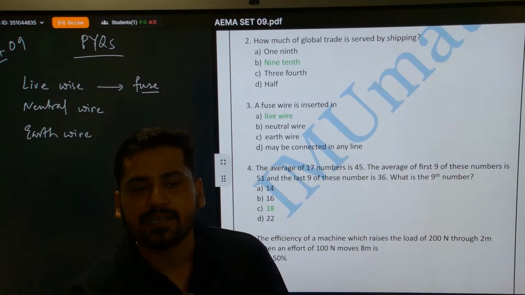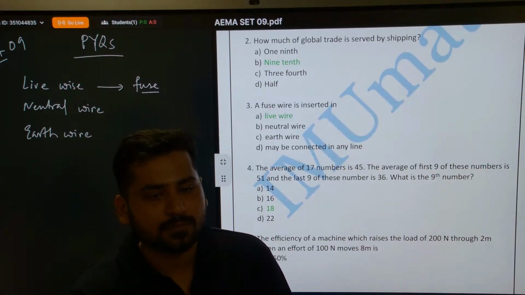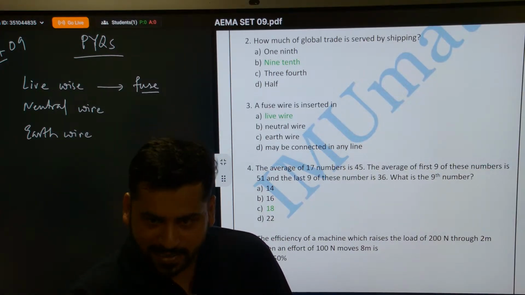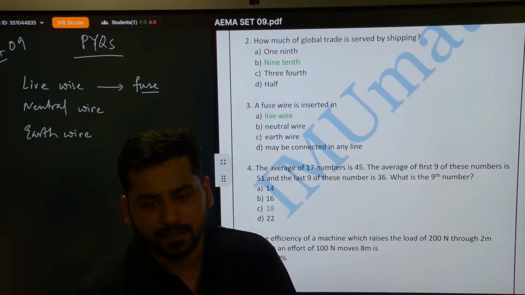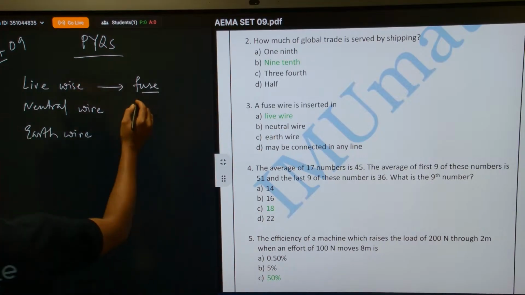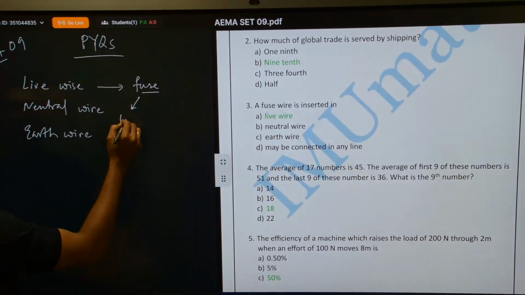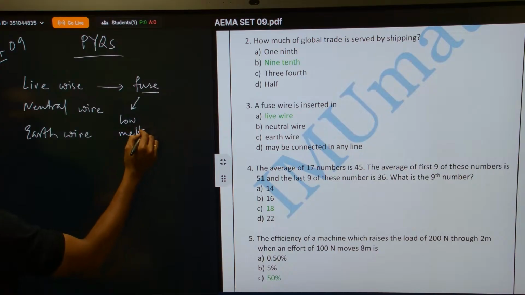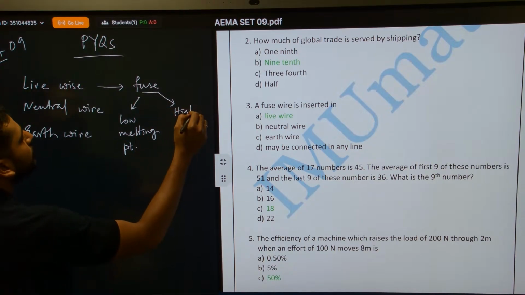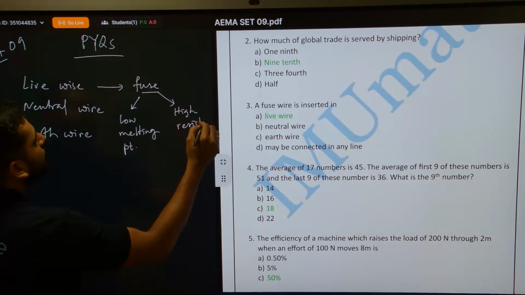wire has 2 characteristics. What are they? Low melting point and high resistance. So no, not boiling. Low melting point and high resistance.